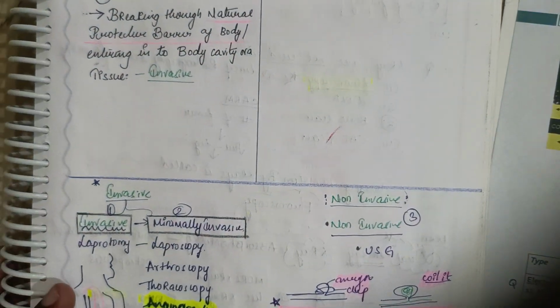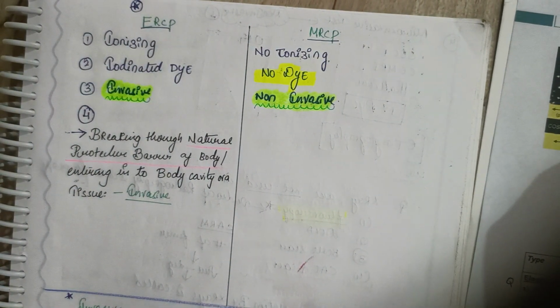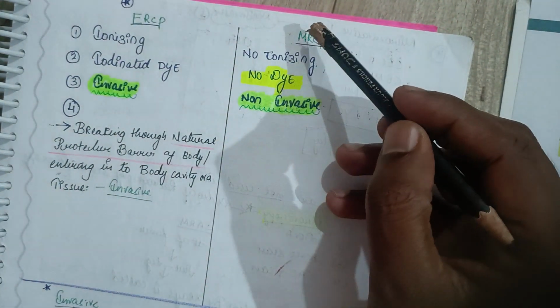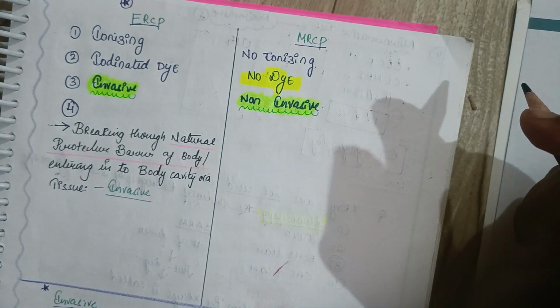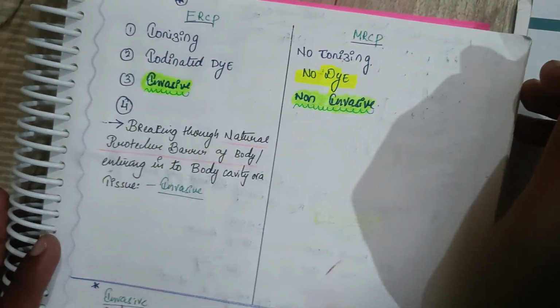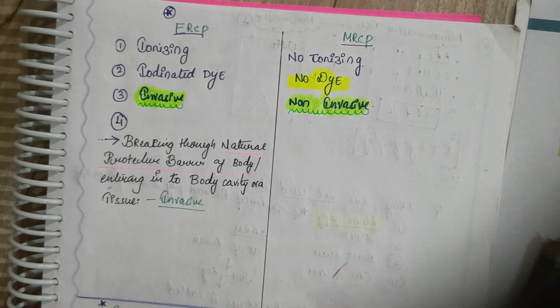Now let us look into the next important aspect. Let us differentiate two important points: ERCP and MRCP. MRCP is magnetic resonance, and ERCP is endoscopic retrograde cholangiopancreatography. Now, looking at the difference, ERCP is ionizing, because you put the dye and look at it with X-ray.